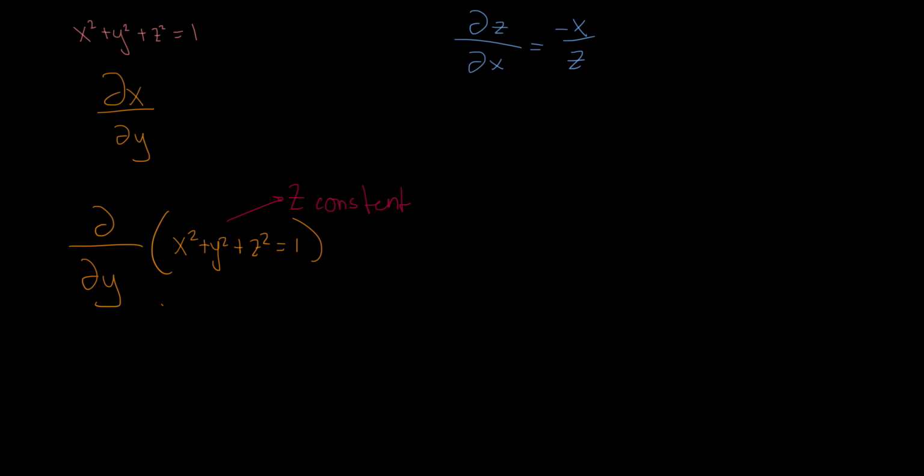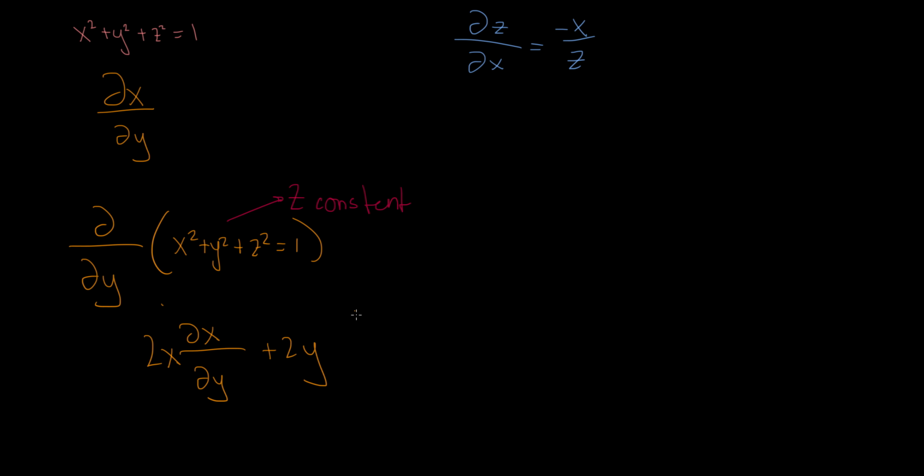And so what we can do from there is take this derivative and we'll multiply by the derivative of x, which is really partial x, partial y. The derivative of y squared is just going to be 2y.